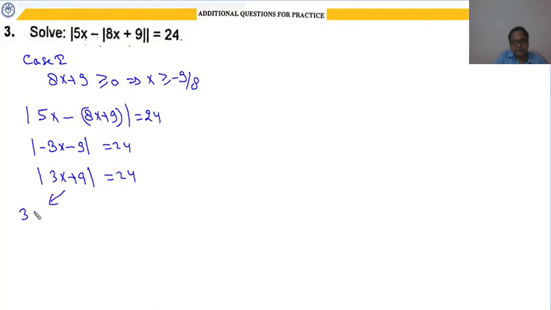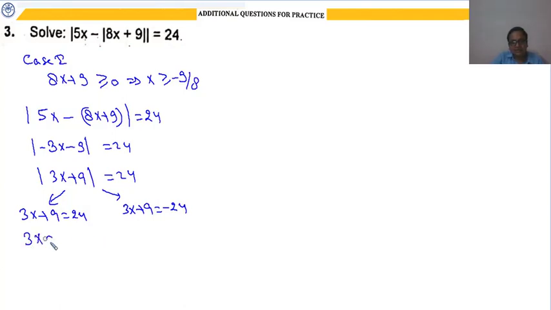We say 3x plus 9 is equal to 24, or 3x plus 9 is equal to minus 24. We can do this part here also. It's minus 3x minus 9 equal to plus minus 24. Doesn't make a difference. But logically when it's inside mod, we're getting a positive value. So mod of 3x plus 9 is 24. We remove this modulus sign, we take two signs, plus as well as minus.